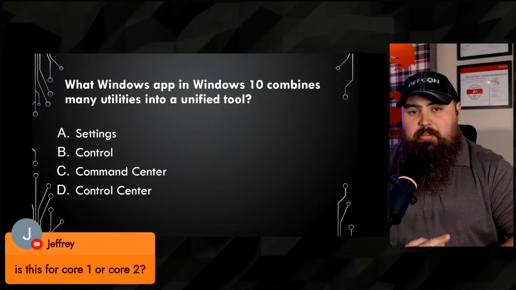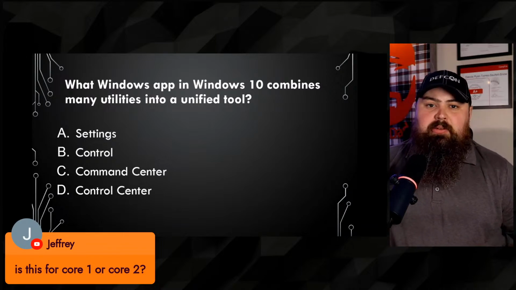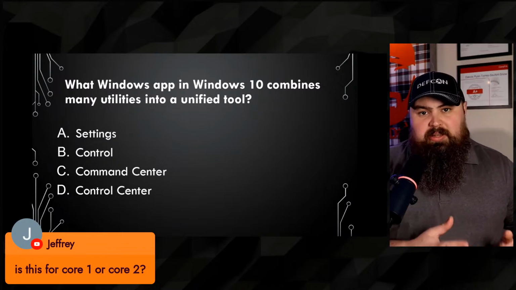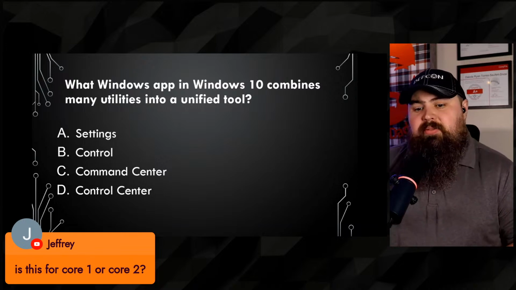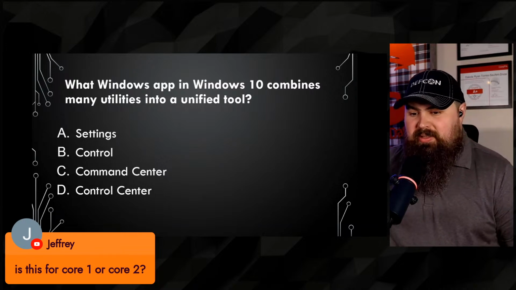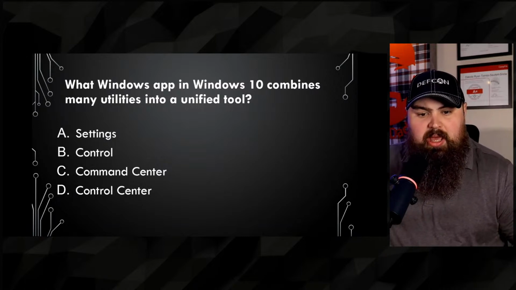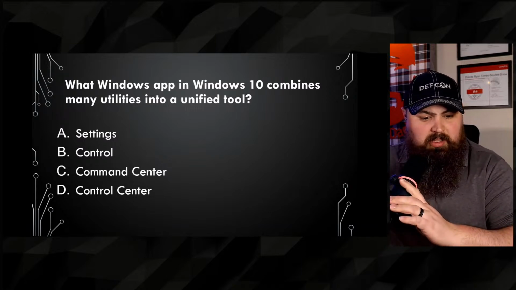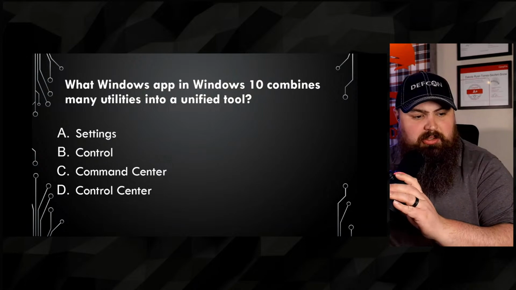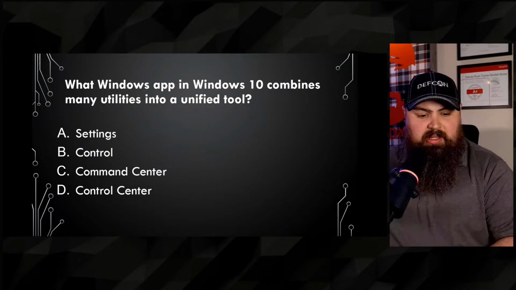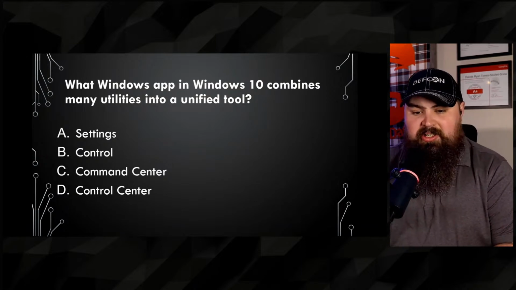There's actually going to be a combination of both. You're going to see a lot of questions for the 1101 and 1102 exams in here. So which one of the following is a Windows app in Windows 10 that combines many utilities into a unified tool? If you think you know the answer, go ahead and put your guess in the chat. We'll reveal it here in a second.